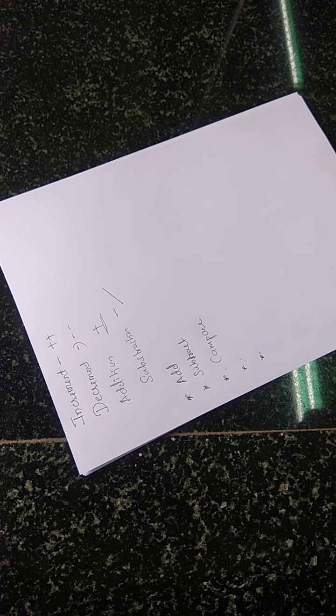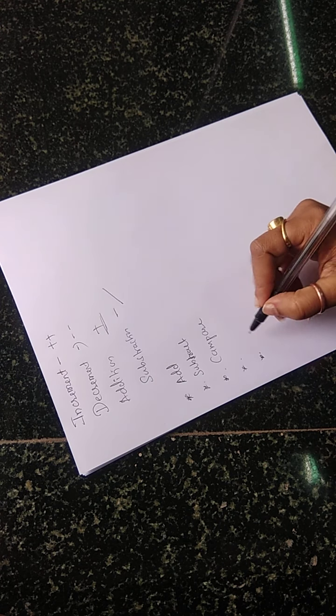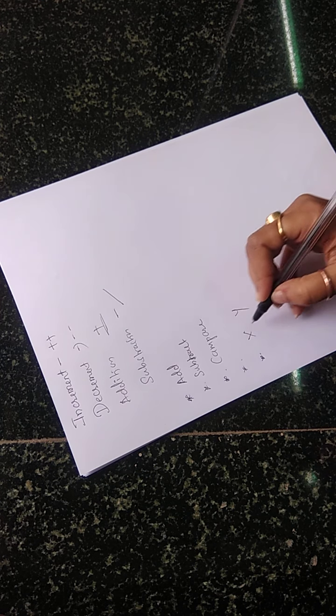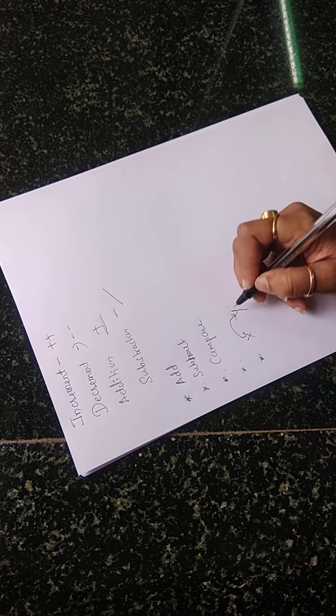Next, the last operation which we can perform on pointers is, we can assign one pointer to another pointer provided both are of the same type. If you have declared two pointers and you want to assign the value of one pointer to the other, that is possible, but the condition is both pointers should be of the same data type. Suppose you have one pointer x and another pointer y, and you want to assign the value of x to y.